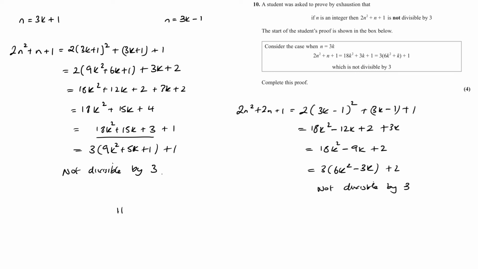So then we can say, hence 2n squared plus n plus 1 is not divisible by 3. And that's all there is to it.